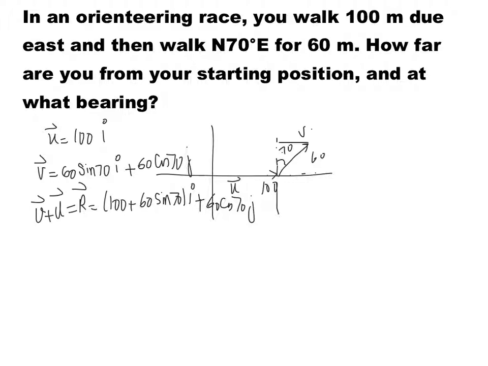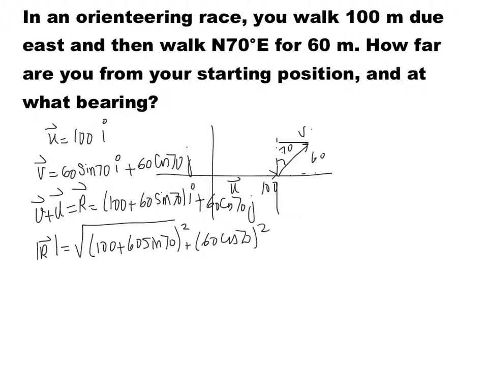Now to find the magnitude of the resultant, I just find the square root of 100 plus 60 sine 70 squared plus 60 cos 70 squared. This is going to give me approximately 158 meters. So this means this resultant vector has a magnitude of 158 meters.